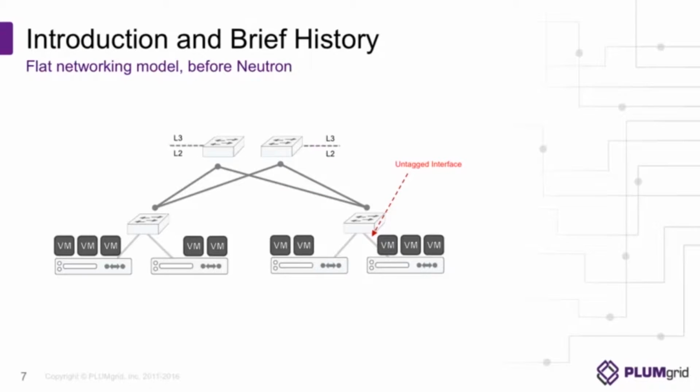So the first one was, with Neutron Network, you can easily and efficiently create a flat network for your OpenStack. Basically, if you see the diagram, everything is on untagged interfaces, and you are allowing your hardware to do all of the switching and bridging and everything.